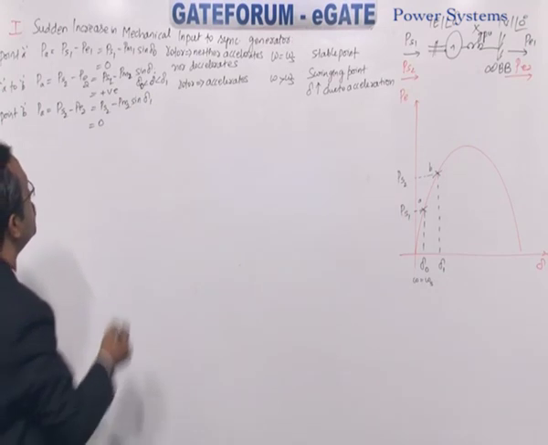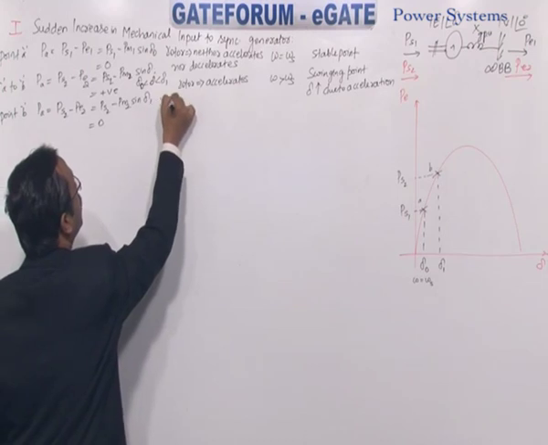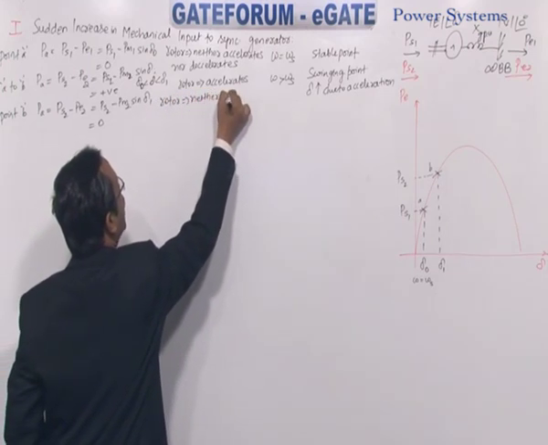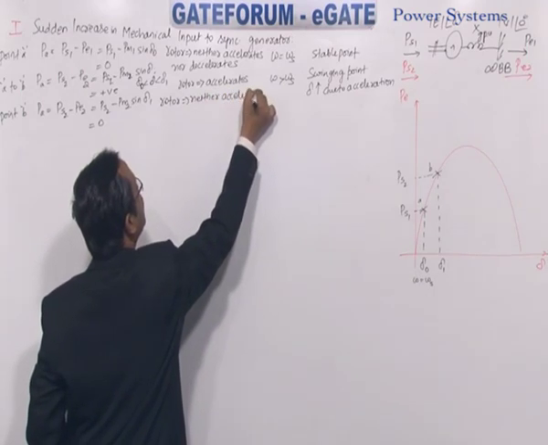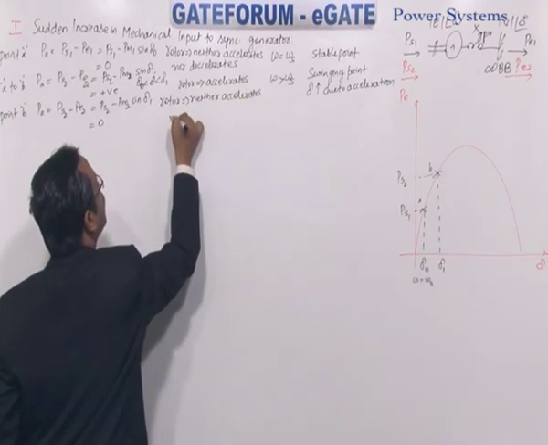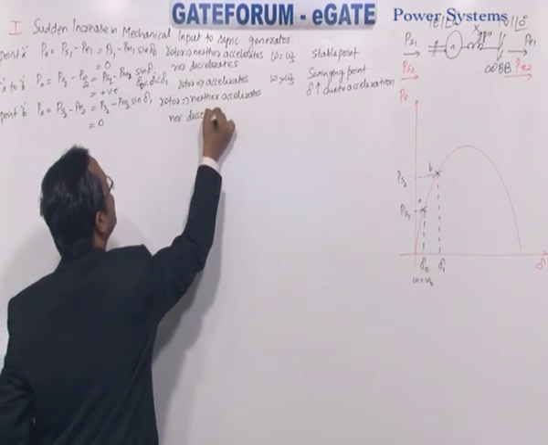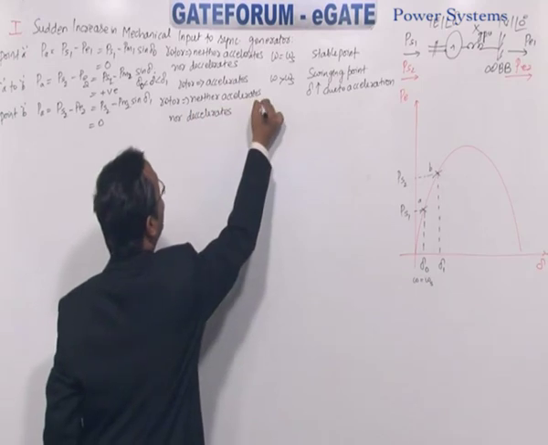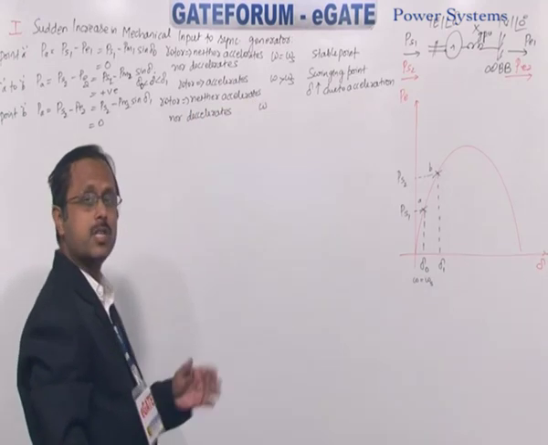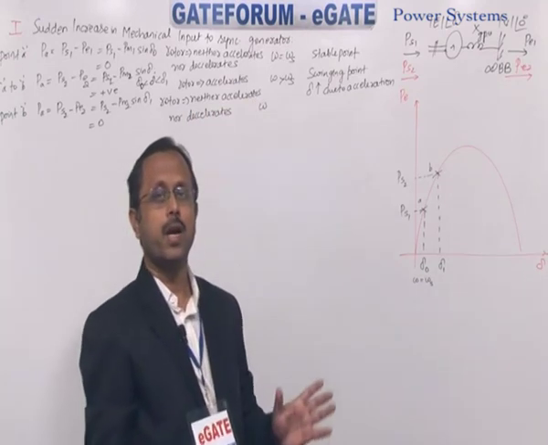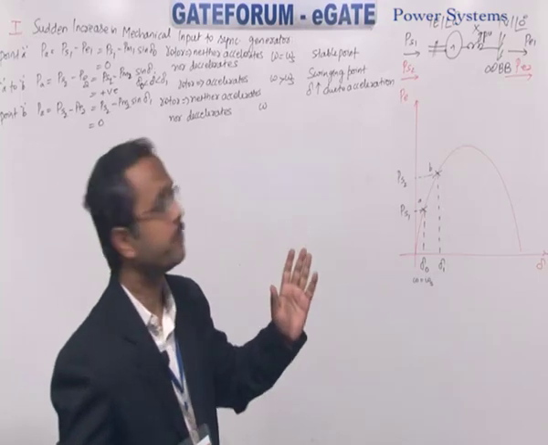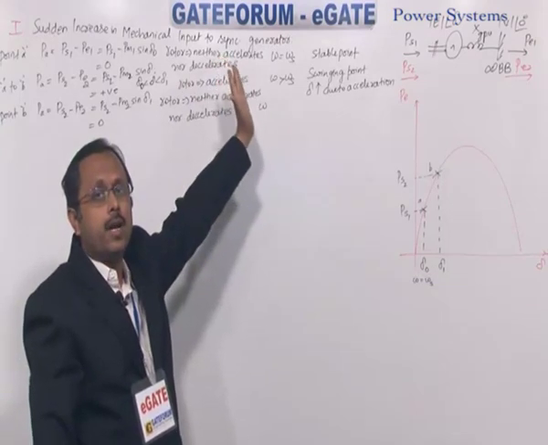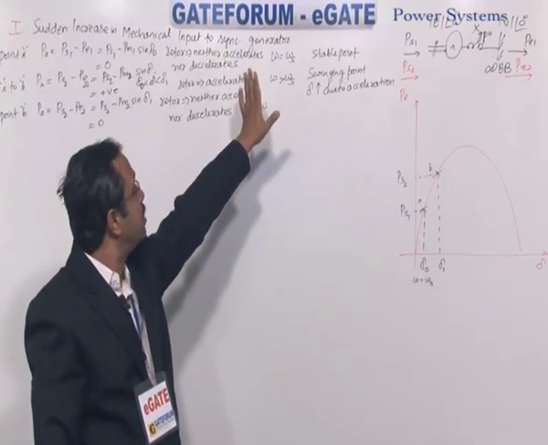When this PA is 0, what about the rotor now? Rotor neither accelerates nor decelerates. Then what is the value of omega now? Always write omega by comparing with the last step. In the last step, rotor accelerates, omega greater than omega s.